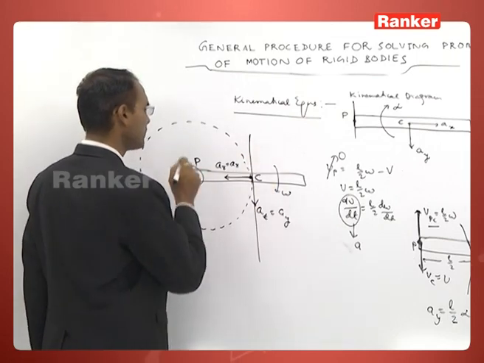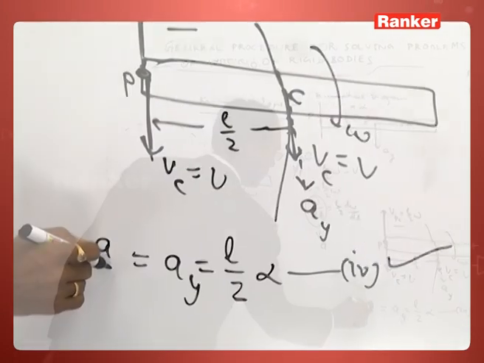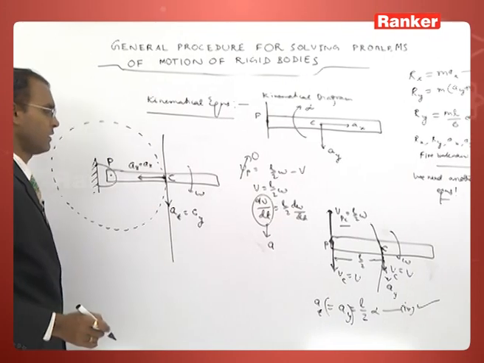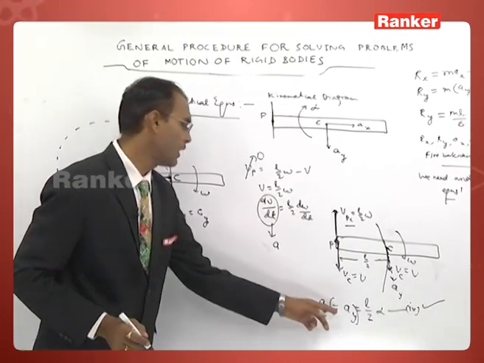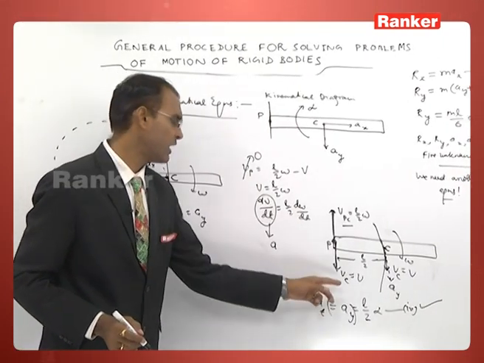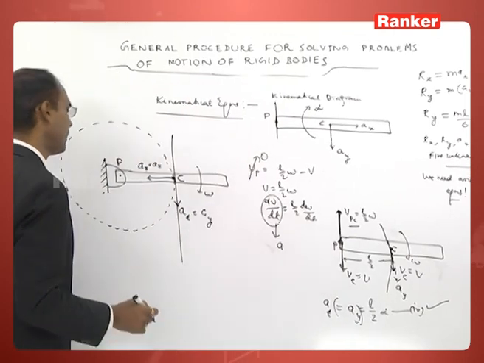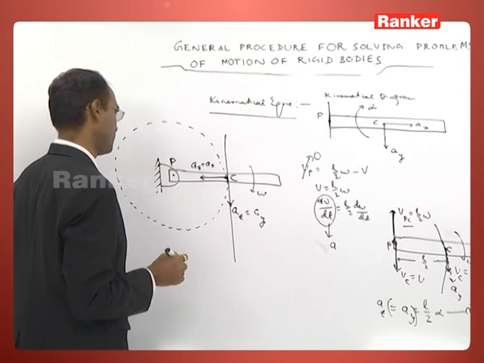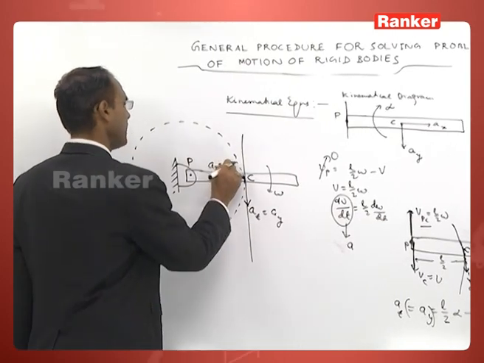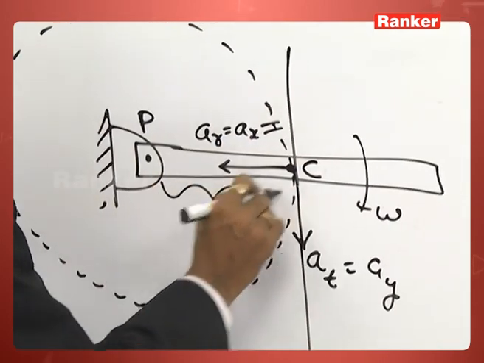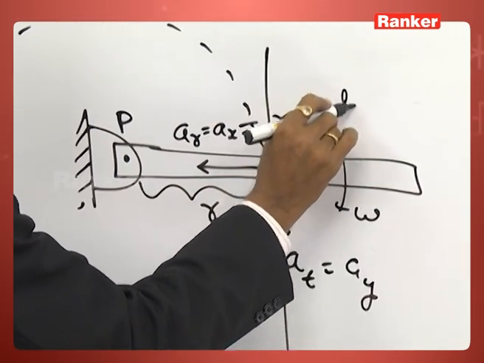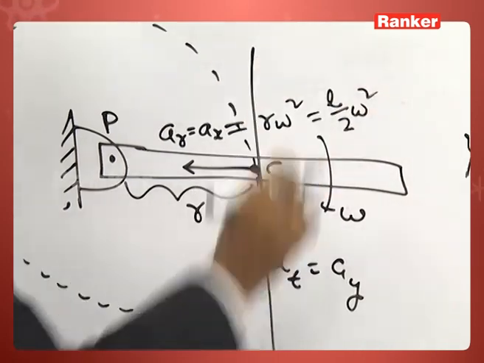So, better to write in this way: A tangential, that is AY, is equal to L by 2 into alpha, following the kinematics of circular motion, and radial acceleration can be written as r omega square, where r is equal to L by 2, so L by 2 into omega square.